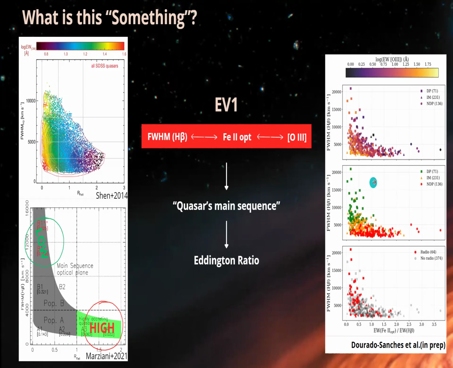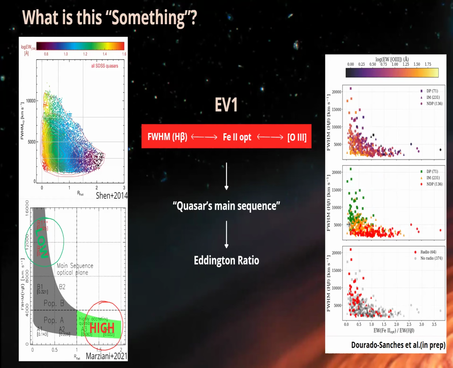So as we can see in our sample, our DP objects are in the low Eddington ratio region, while our non-DP objects are well distributed in higher and lower Eddington ratio values.